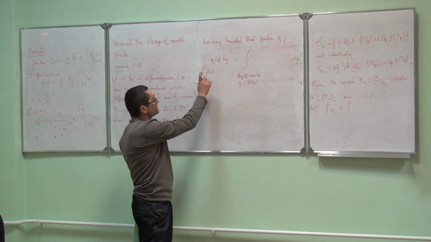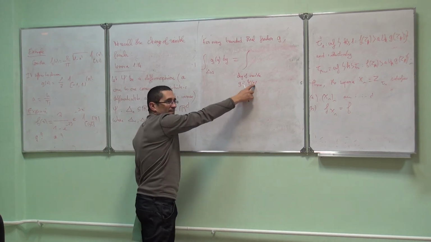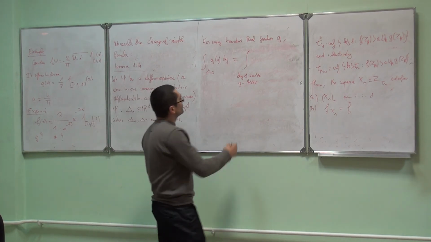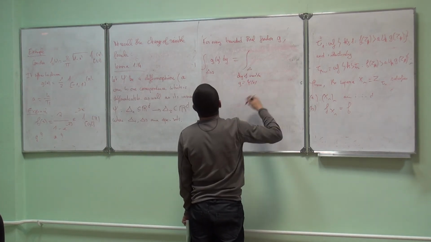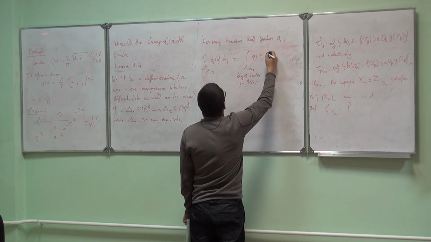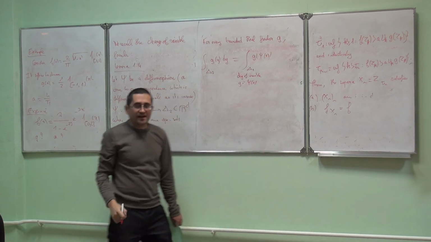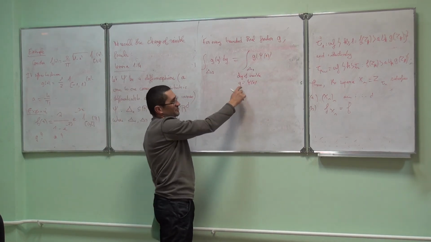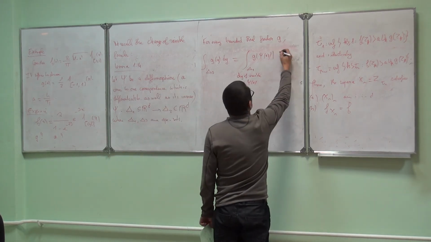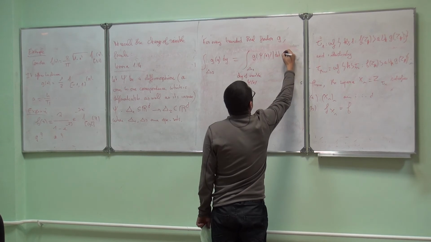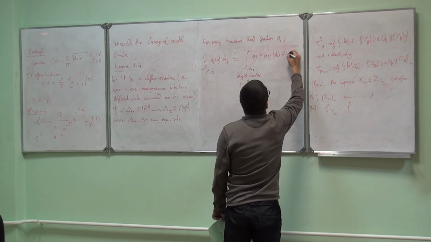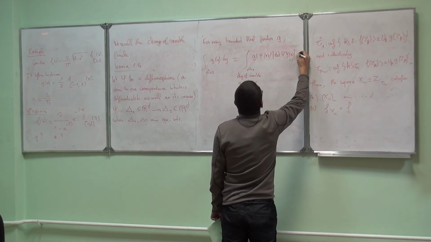For every y in delta 2 there exists a unique x, by assumption. You can rewrite it as the integral on delta 1 of g of psi of x, and now you need to differentiate this, so you get precisely the determinant of the gradient of psi of x dx.